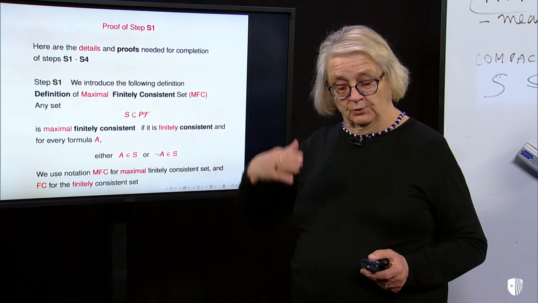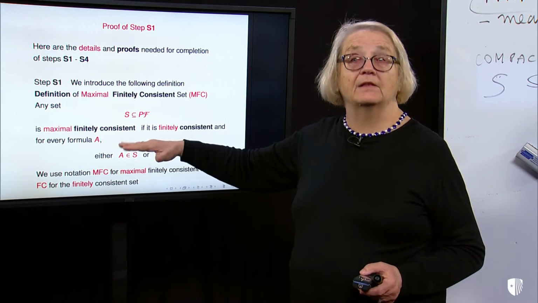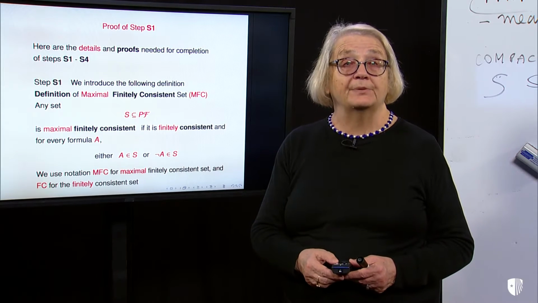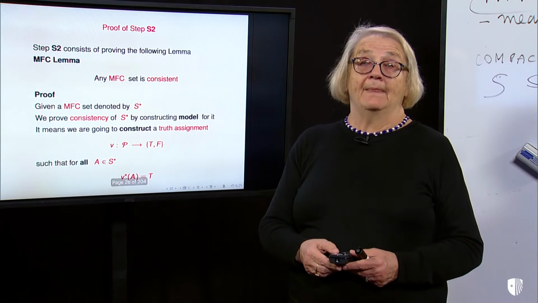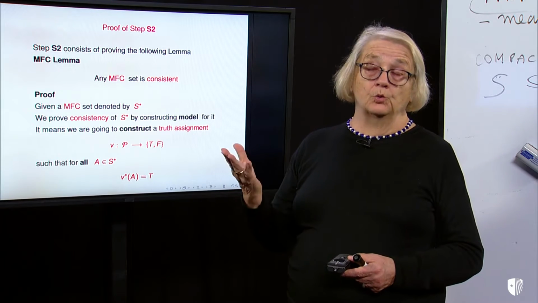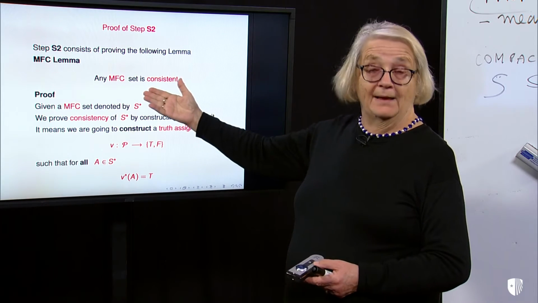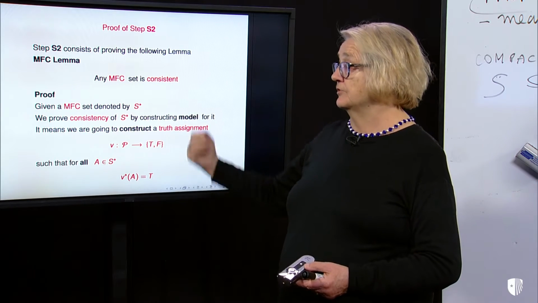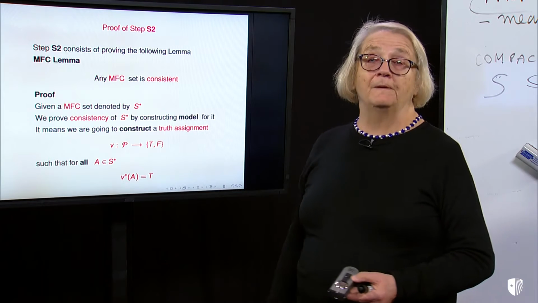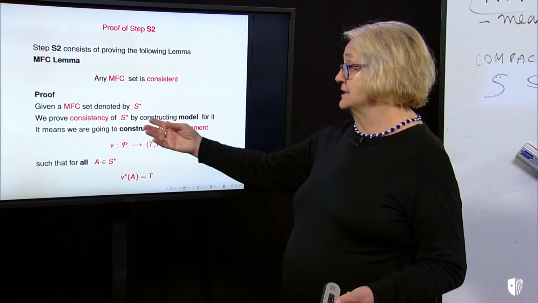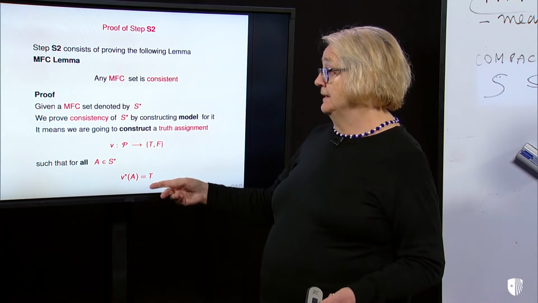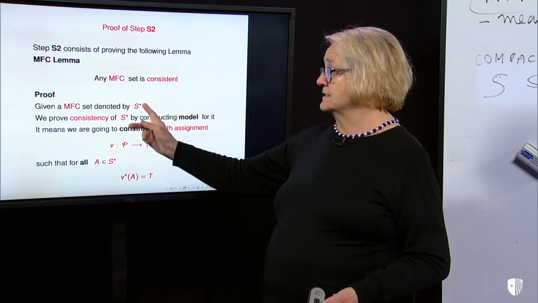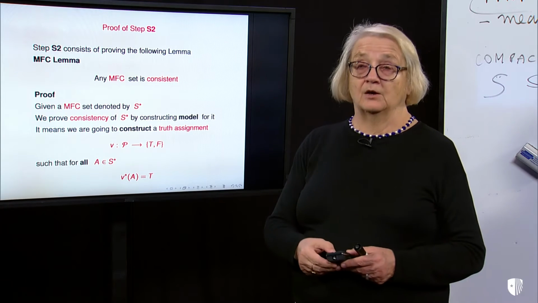It's exactly the same definition we did in chapter 5. Step 2 consists of proving the lemma: any maximal finitely consistent set is consistent. Here's the proof. We prove consistency by constructing a model. It means that we construct a truth assignment V such that for all A in S star, V(A) equals T.